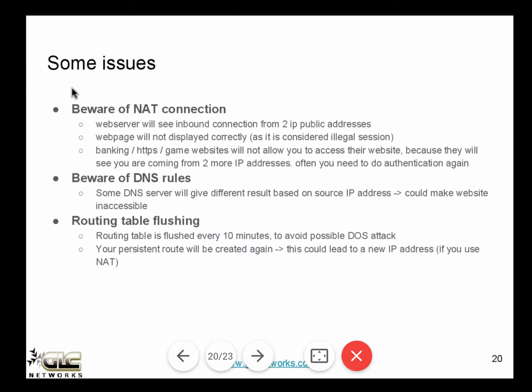Okay, next are some of the issues. Beware of NAT connections. NAT is really not good, because when you do NAT, you will have 2 public IP addresses, and when you do load balancing, the web server will see incoming connections from the 2 public IP addresses, and that could be considered an illegal session.